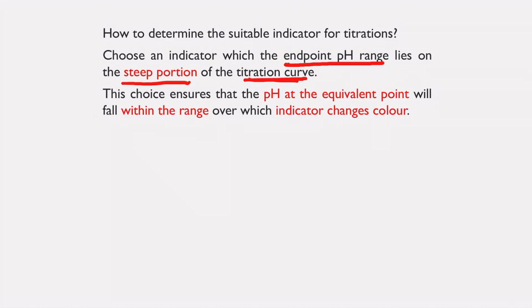So that means you have to see lah awak punya titration curve tu macam mana. Okay, this choice ensures that the pH at the equivalence point, right, will fall within the range over which the indicator changes color. Alright?